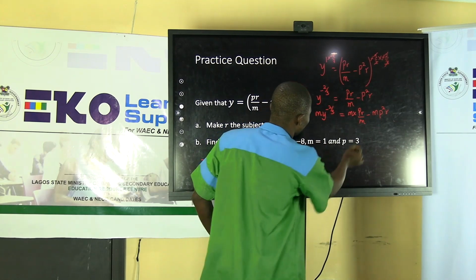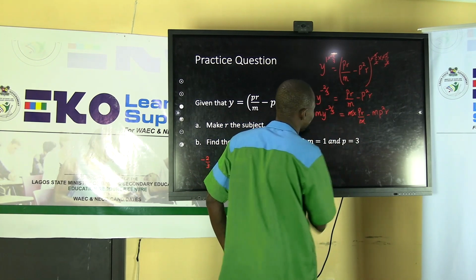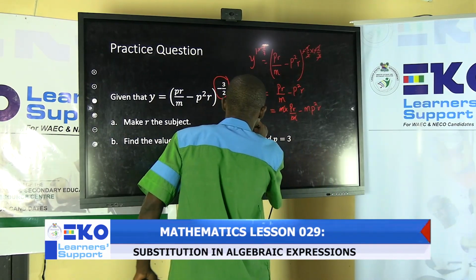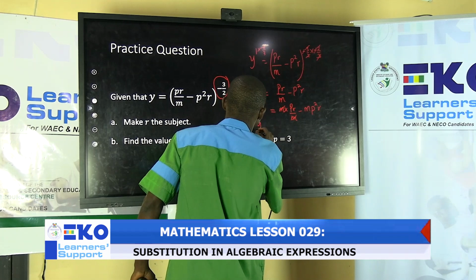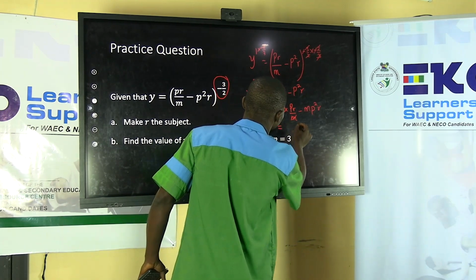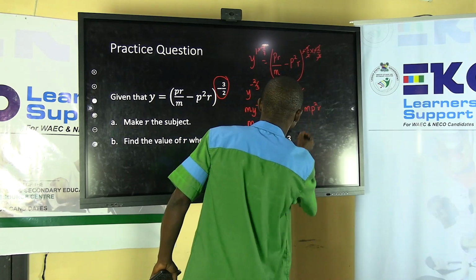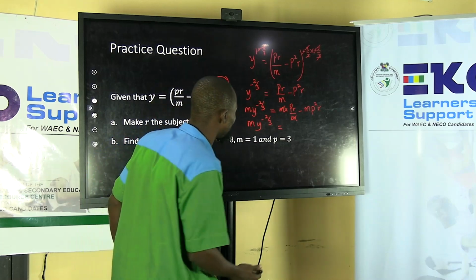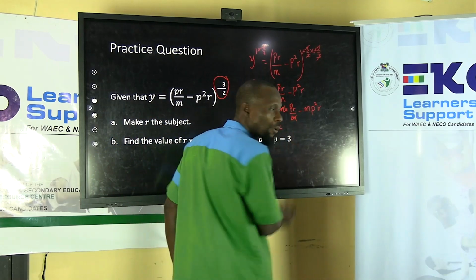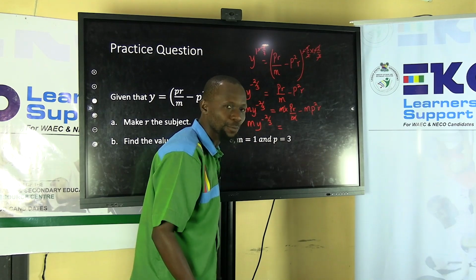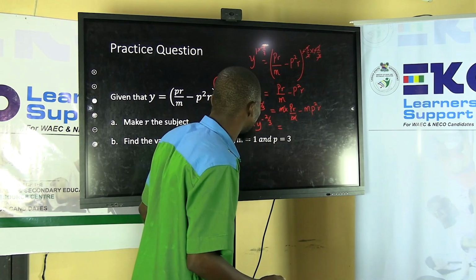Alright, so it means this one we cancel out. Let's see, we have my raised to power minus 2 over 3 equals PR, but here you can see that we can factorize. We have done factorization in our earlier videos, so you can check for that if you have any challenge with that.